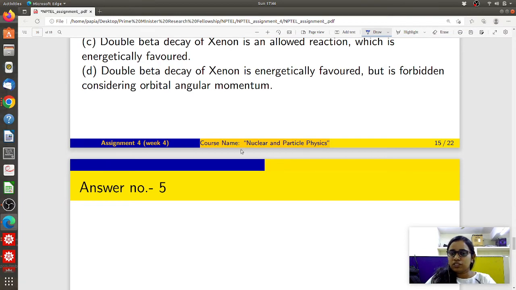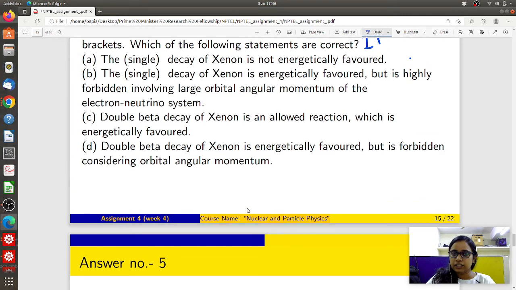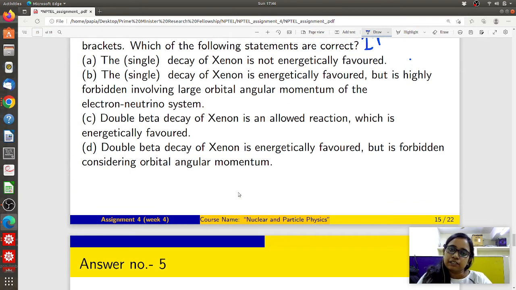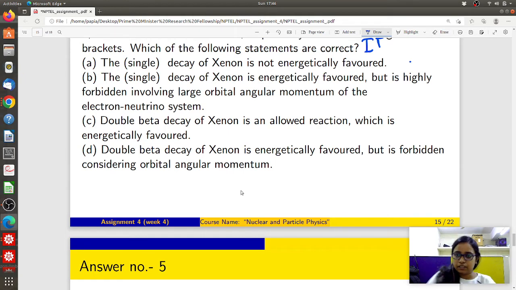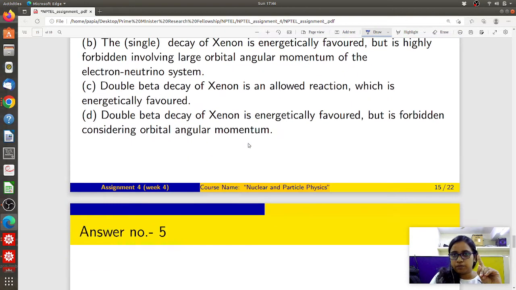Before going to each and every option, I would like to say something more about that question. I am writing the same thing here: xenon, cesium, barium.